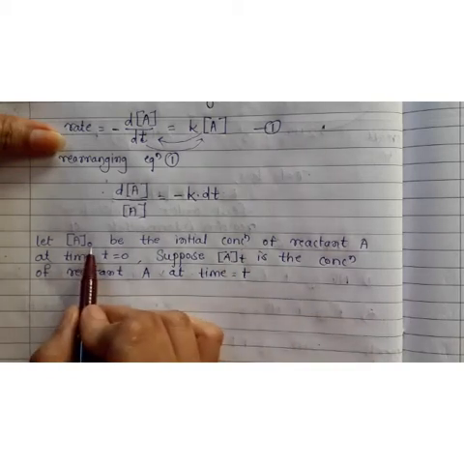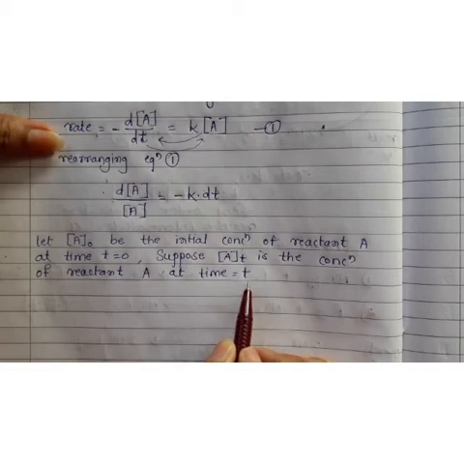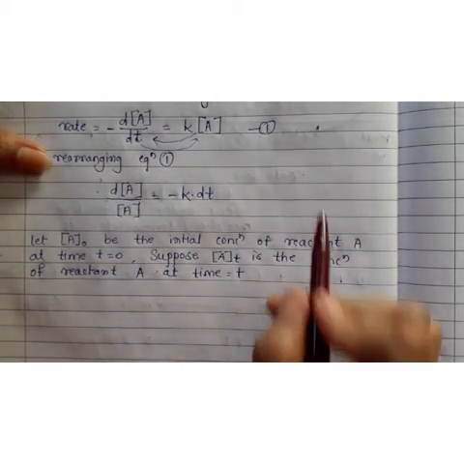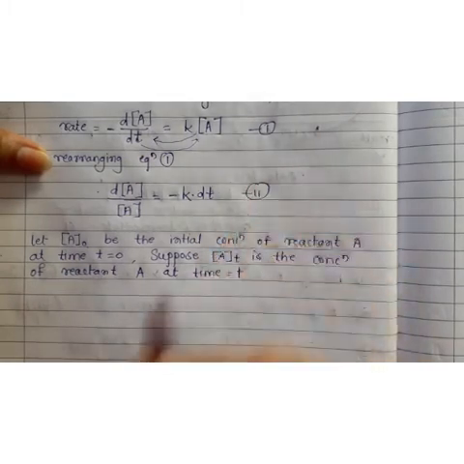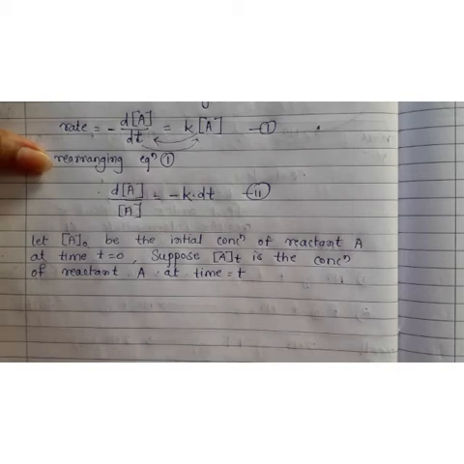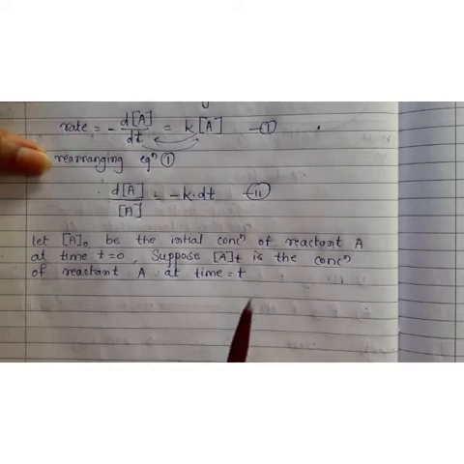A0 is the initial concentration and At is the concentration at time t. Now we have to integrate equation number 2 between the initial and final limits: initial concentration A0 and final concentration At, and initial time t equal to 0 and final time t equal to t.